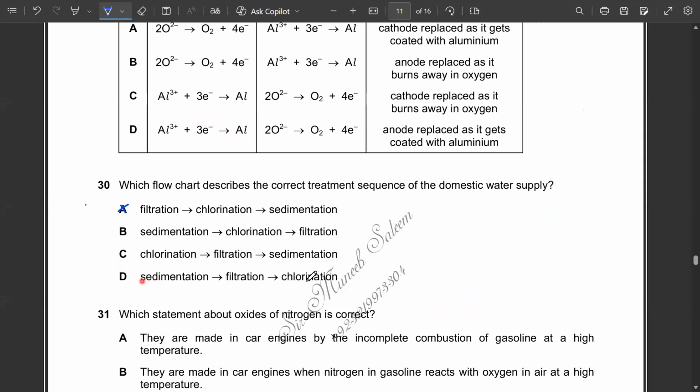In option D, we can find chlorination, which is present at the last. So it should be the correct one, but we can confirm it. It says sedimentation, filtration, then chlorination. So where is the sedimentation step? In B and D option, we have sedimentation, chlorination, then filtration.